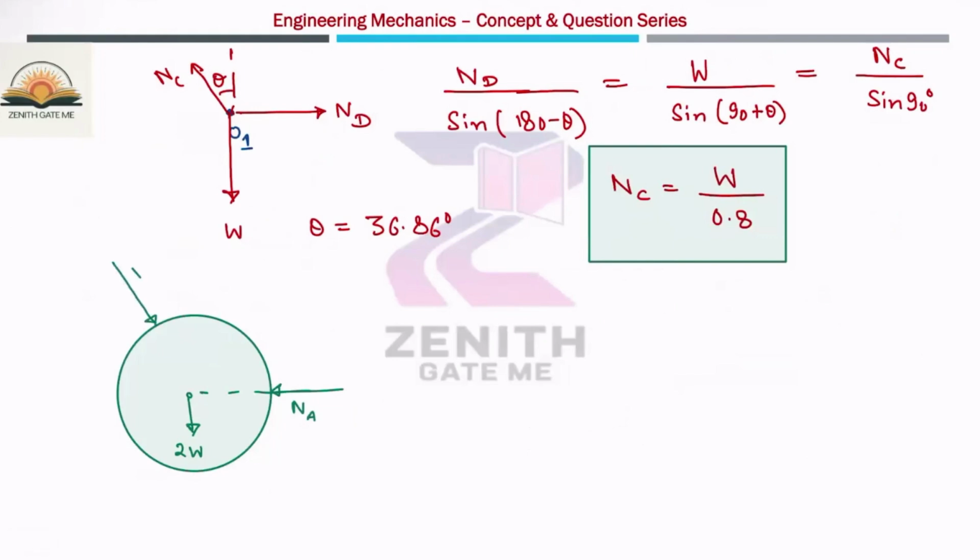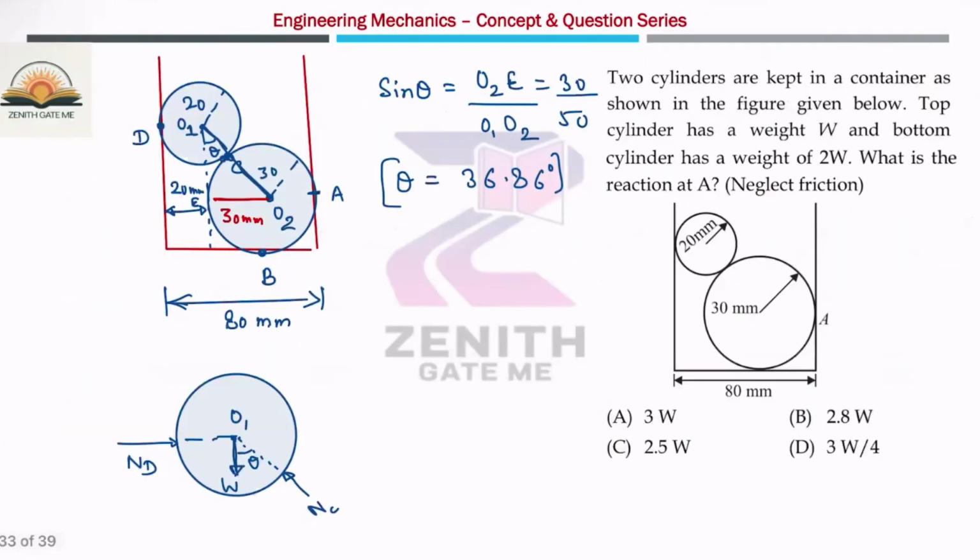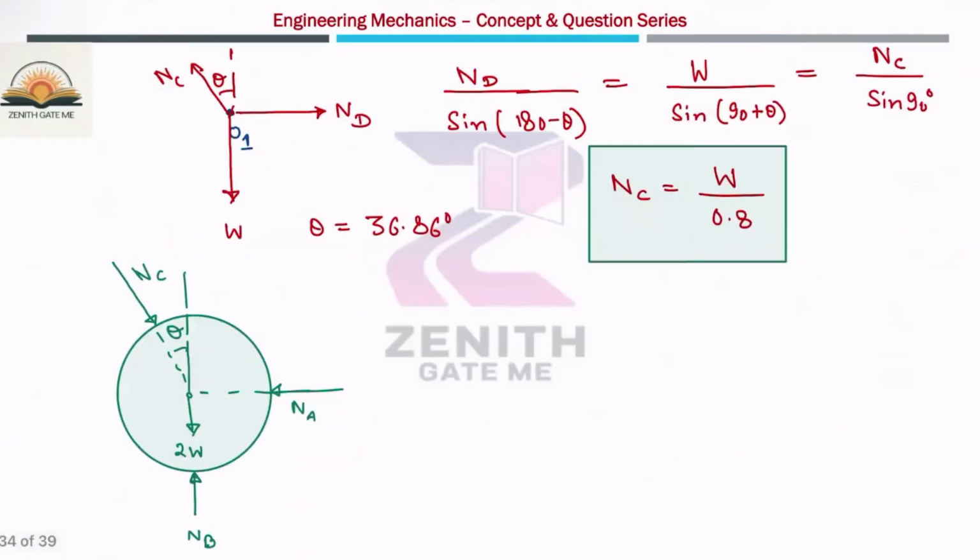So this is the NC, which makes the same angle theta, which you calculated as 36.86. And here will be one normal reaction, which is NB. So you have to calculate the reaction at A point. The NC value is known to you in terms of W.